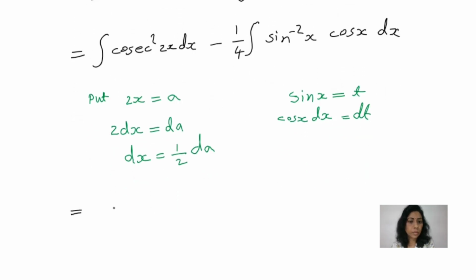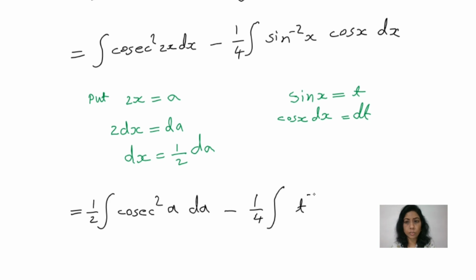So here integration cosec square a, okay, and dx value is 1 upon 2 dA, so we can write 1 upon 2 here, and dA, minus 1 upon 4 integration sin x is t, so t to the power minus 2, and this value dt we can substitute.